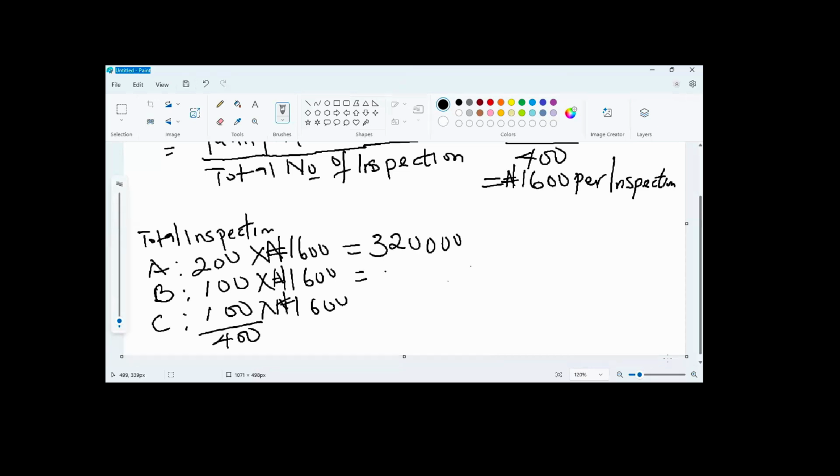Next, 160,000. Then 160,000 also. If you sum up, it must give you 640,000. Thank you. You have done with activity 4. You have calculated the rate and you have done the allocation.